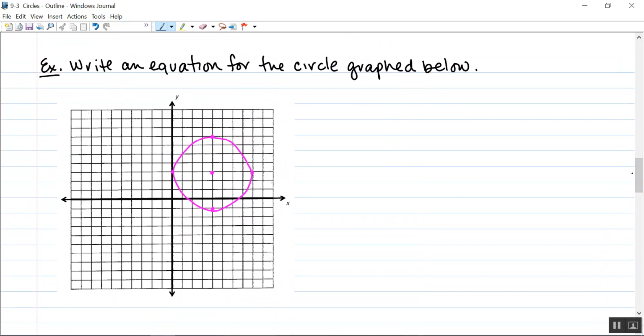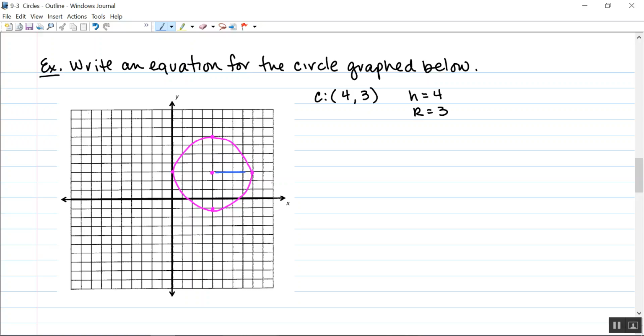This one says write an equation for the circle graphed below. So remember, the key pieces of information we need are the coordinates of the center and the radius. Looking at this, it looks like my center is at the point (4, 3). So that means that h is going to be 4 and k is going to be 3. I can draw an infinite number of radii, but let's draw one that lines up with the lines on the graph.